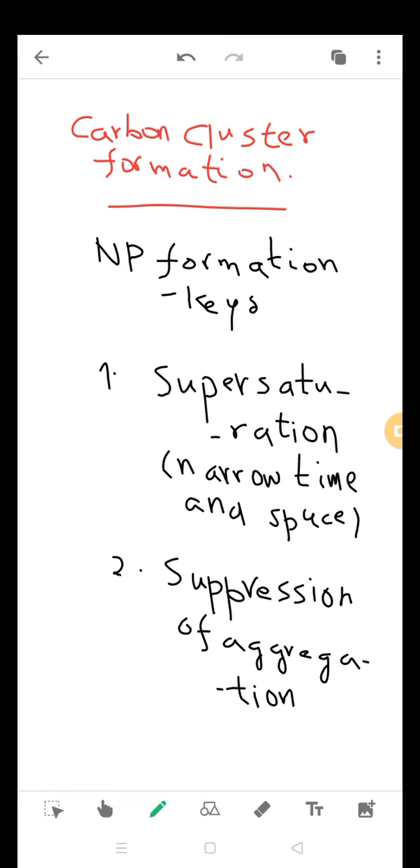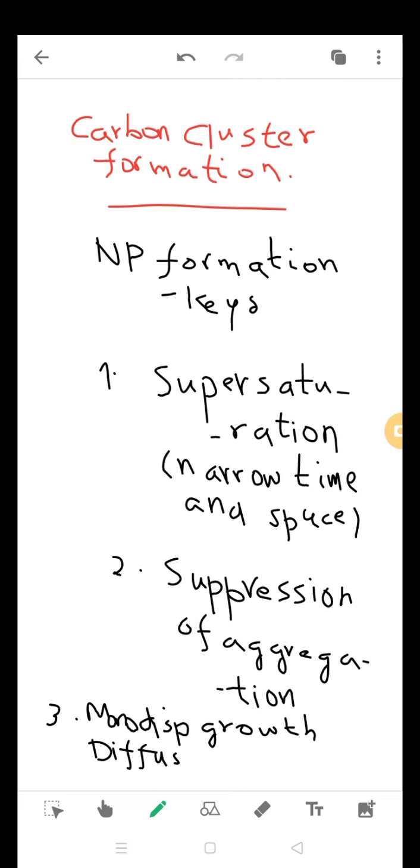The third one is called monodispersed growth, or you can also call it diffusion controlled growth.